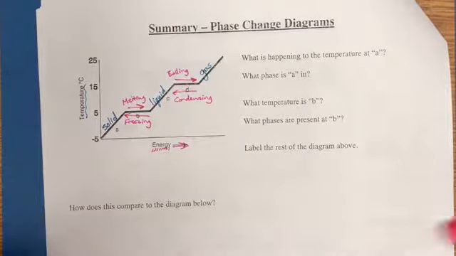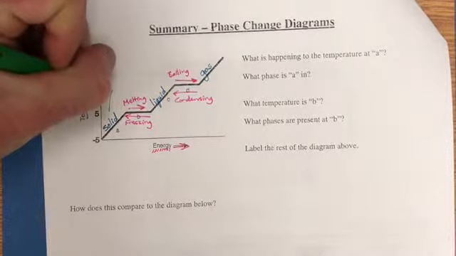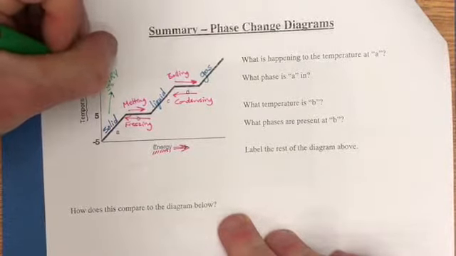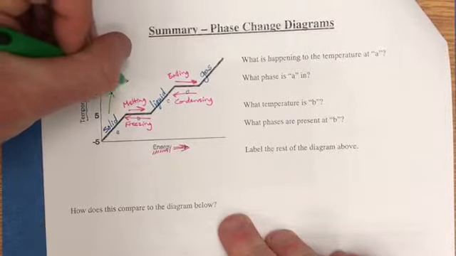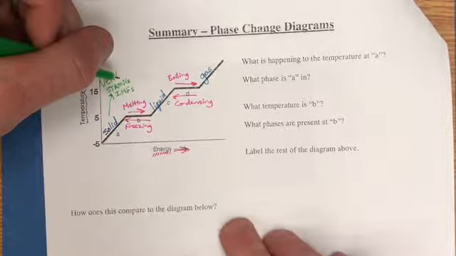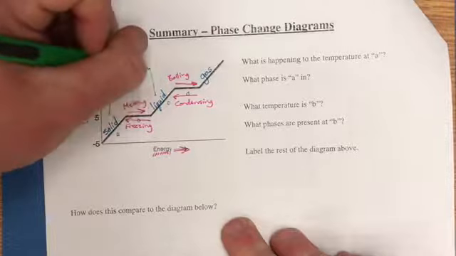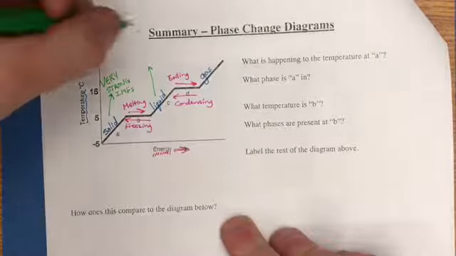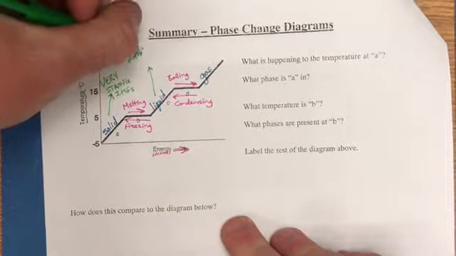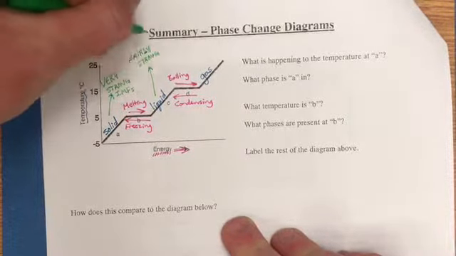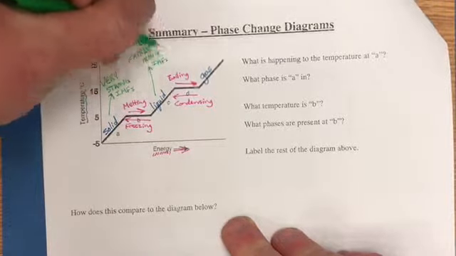Let's also add in the definition of these phases. Remember that when we have a solid, we said that they have very strong intermolecular forces, IMFs. Then liquids hold together, but they're also rearranging, so they have what we're going to call fairly strong intermolecular forces, or IMFs.